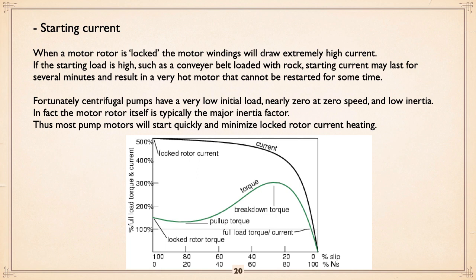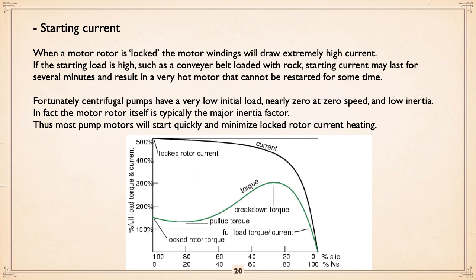Now, the nice thing is that centrifugal pumps generally start very quickly. Very low initial load. The pump itself, a centrifugal pump, remember the affinity laws? Zero speed, zero power required other than the drag of the bearings. So virtually zero at zero speed, and they're very low inertia, even with the water in them.